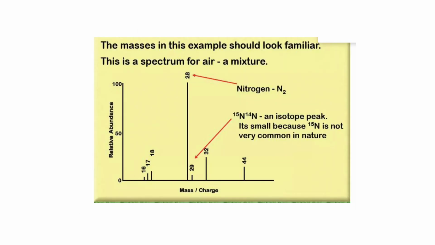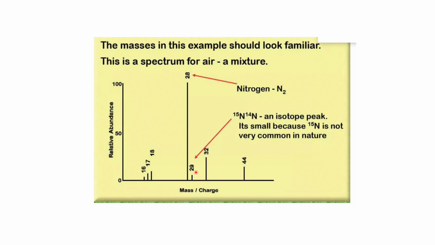Here's a spectrum for air, which is a mixture of nitrogen, carbon dioxide, and oxygen, but predominantly nitrogen and oxygen. If you look at this peak, it's 28. So it would be nitrogen N2, which is 14 plus 14, 28.